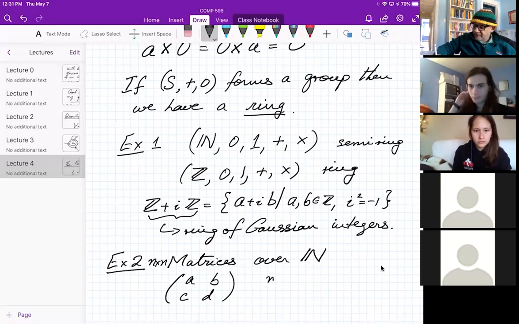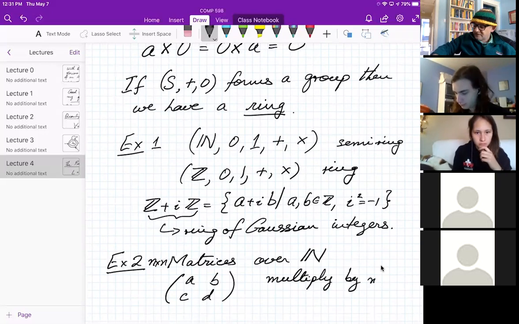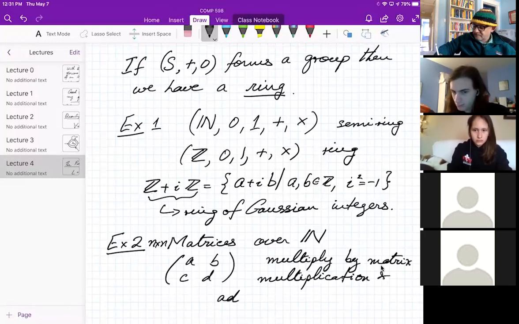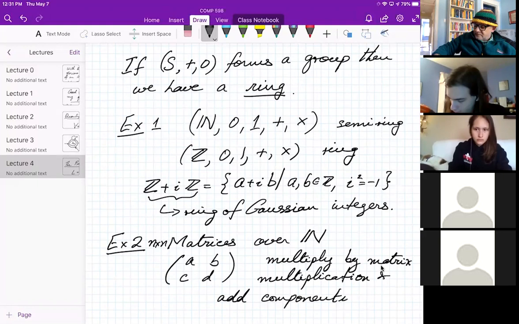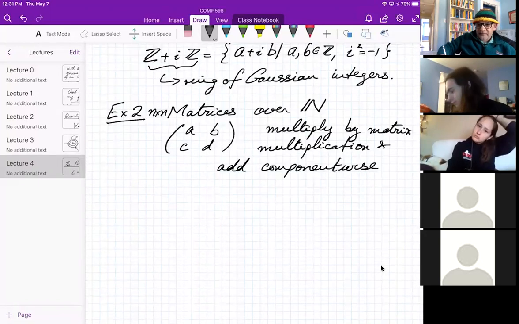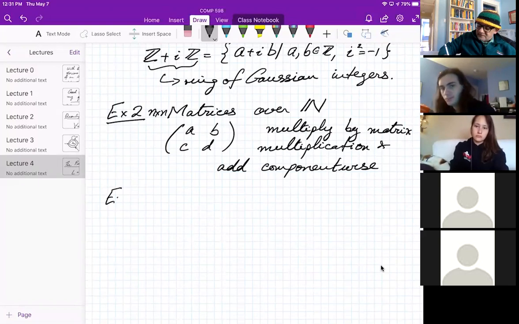And then you multiply by matrix multiplication, and add component-wise.